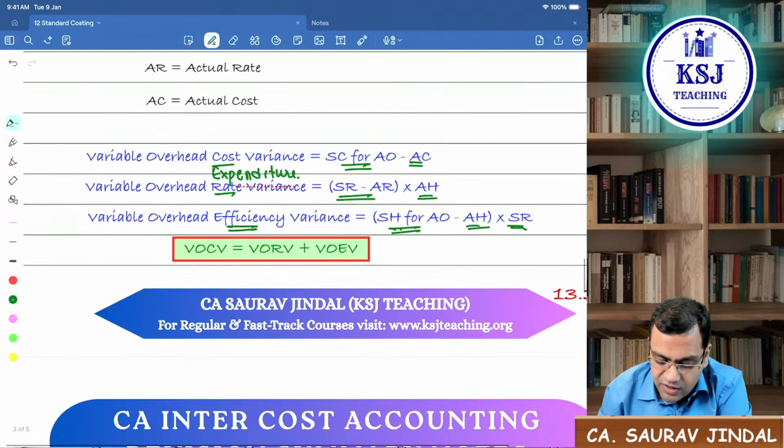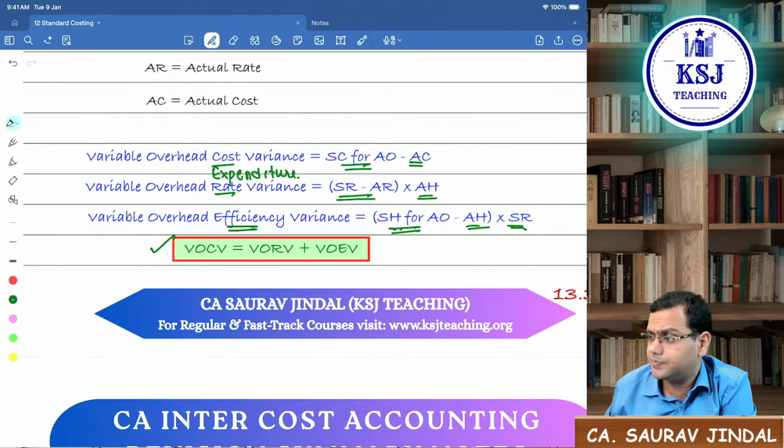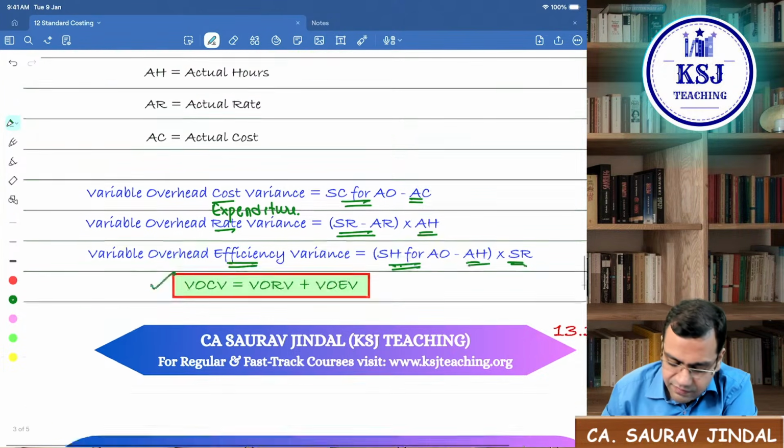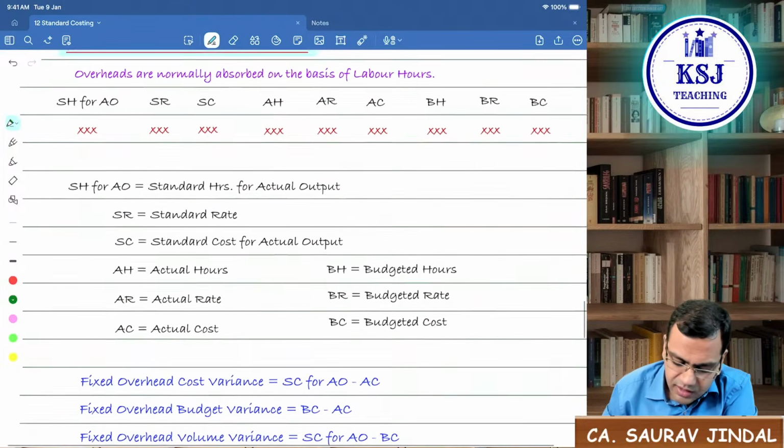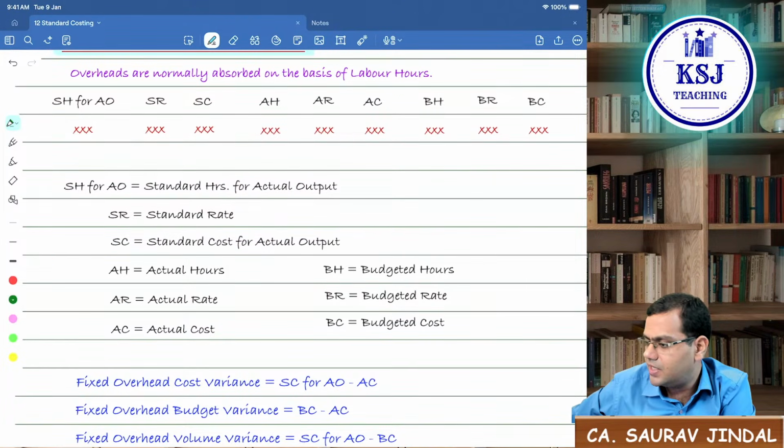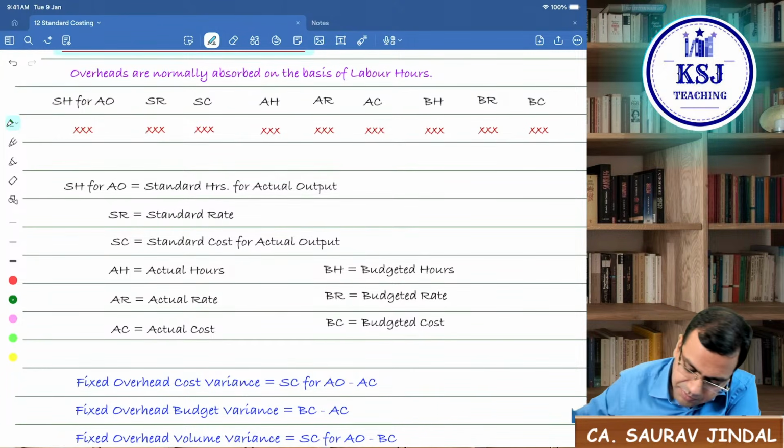For variable overheads, there is no hustle bustle, just simple straightforward things. Is this clear? Variable overheads is pretty easy, with not much to be discussed. Now we'll move to the fixed overheads part.